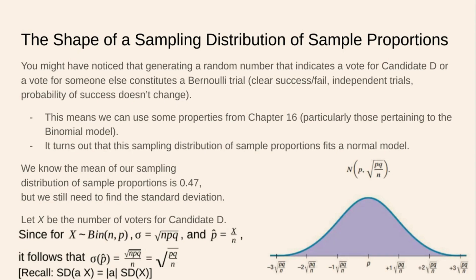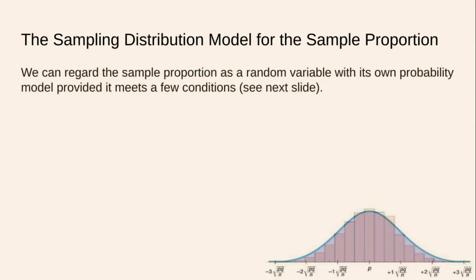Here is the bell curve in question. It's a normal model centered at my assumed population proportion p with a standard deviation of the square root of the quotient of the product of p times q all over n. So we can regard the sample proportion as a random variable in its own right.